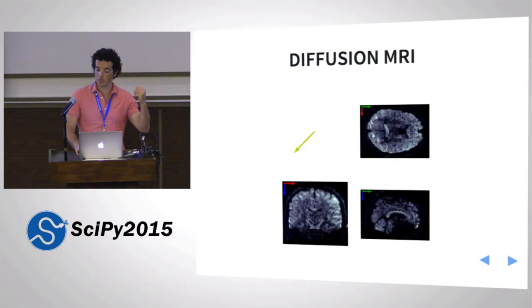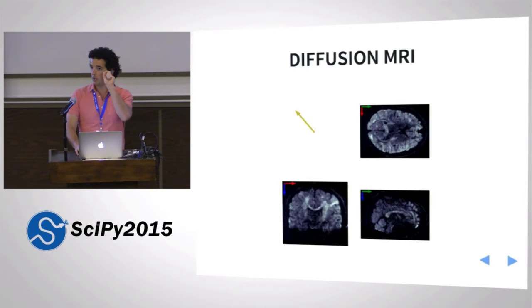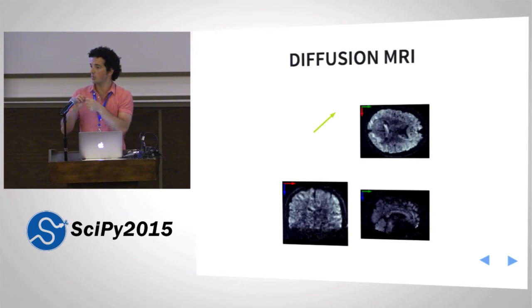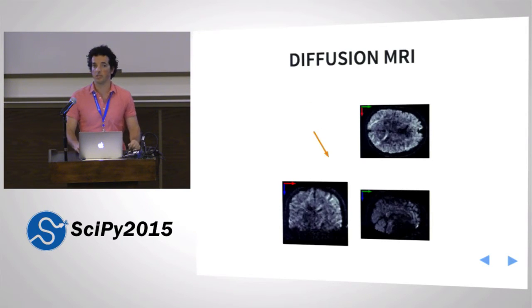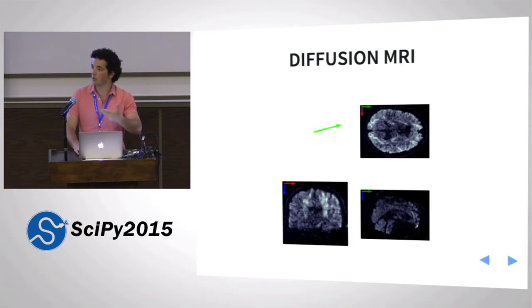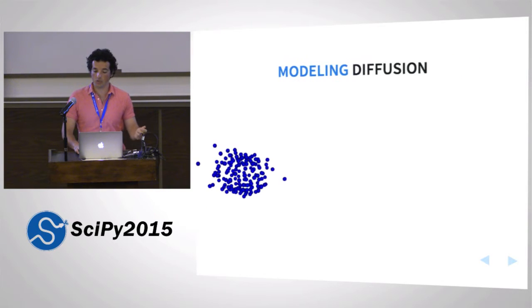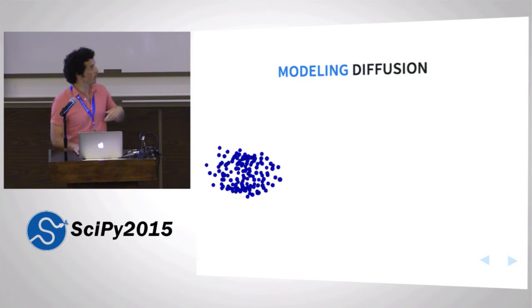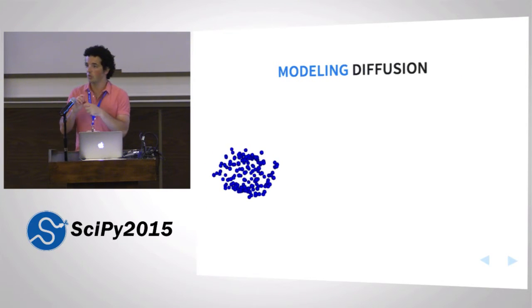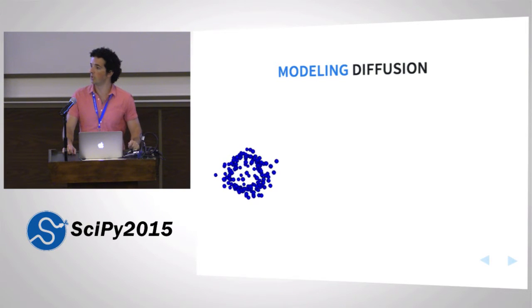Now, from this measurement, we can infer in every single location, on the order of cubes of approximately a millimeter on each side, a rough or summary estimate of the diffusion in all those different directions. This is what it looks like for a single location in the brain, again, a cube of roughly 1 millimeter on a side.